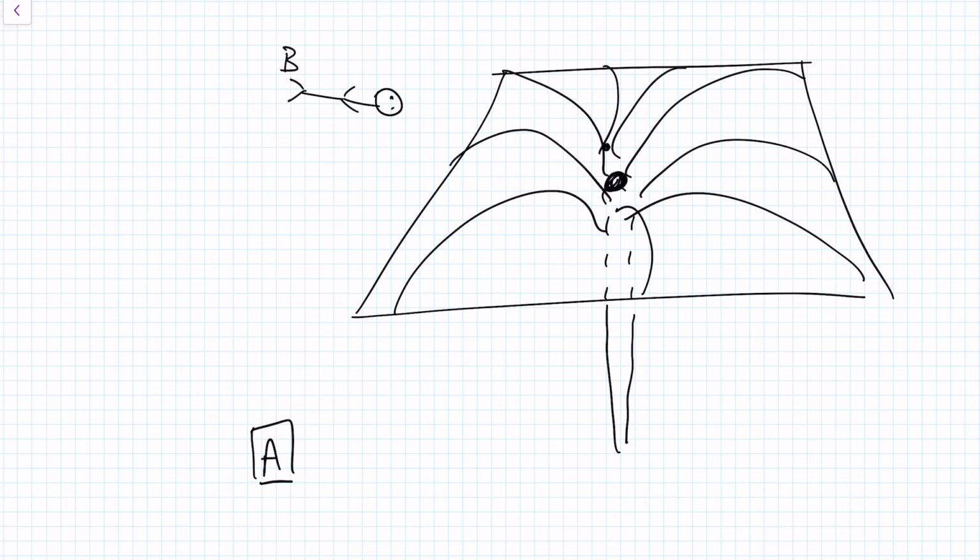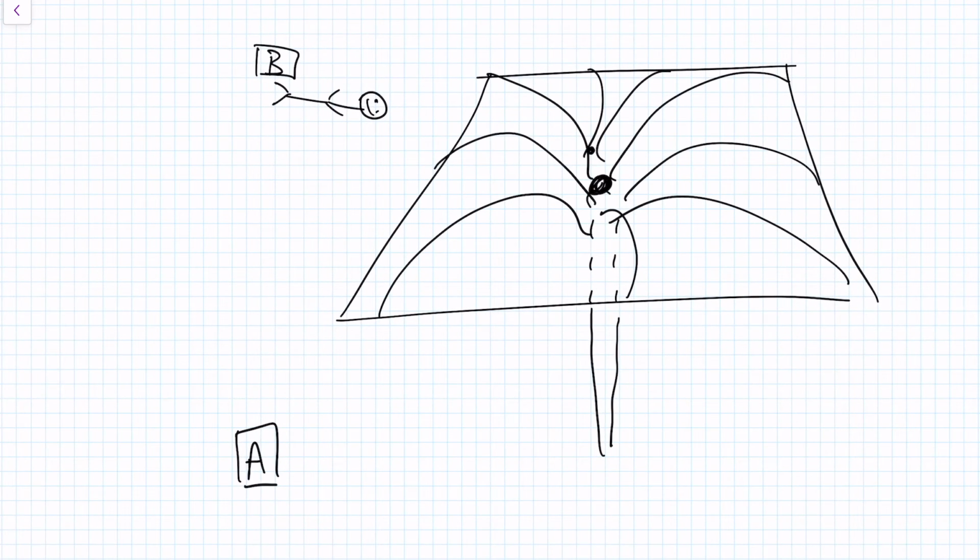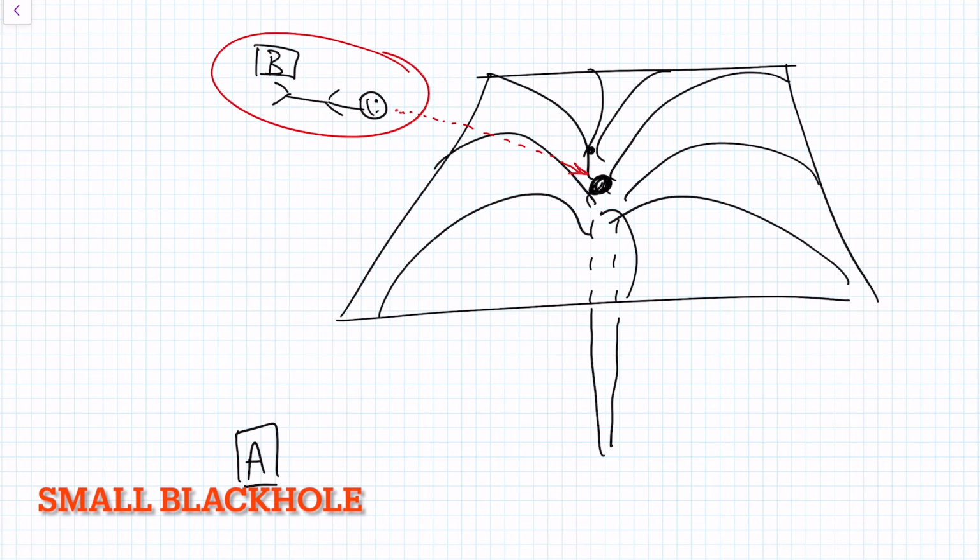So what's going to happen? Because of the gravitational field strength of the black hole, from the reference frame of the person at B, this person will be traveling near the speed of light, because the gravitational field strength will be tearing this person apart into his atoms, unfortunately.